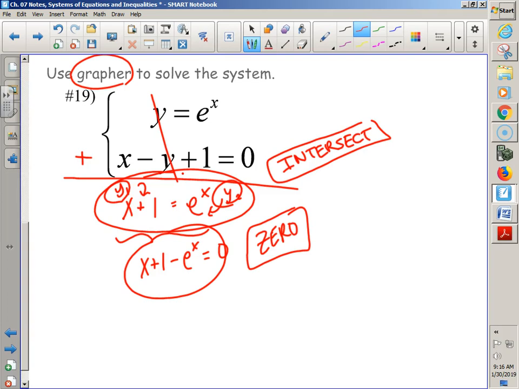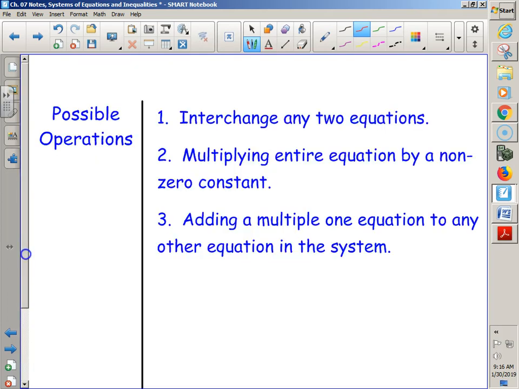Intersections are great unless it's way off in Timbuktu. Forget it. Do the 0. You know it's on the x-axis. Just keep changing your x-min, x-max until you see it hit the axis. And there it is. So you don't have to go looking with x's and y's and zooming out, zooming out, zooming out, and possibly getting kind of lost in your window.